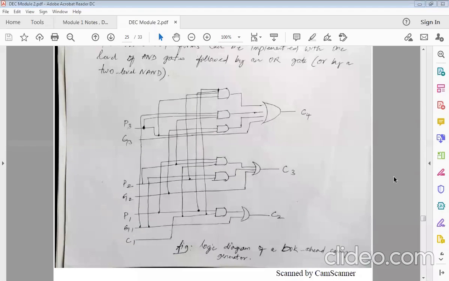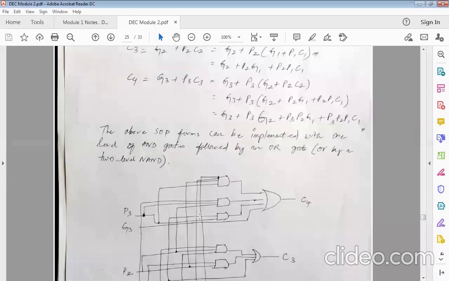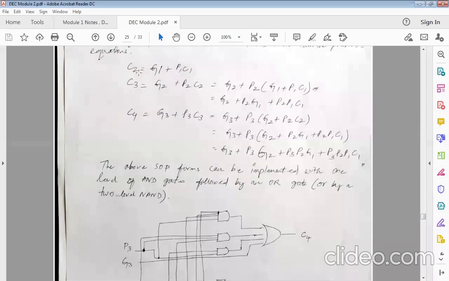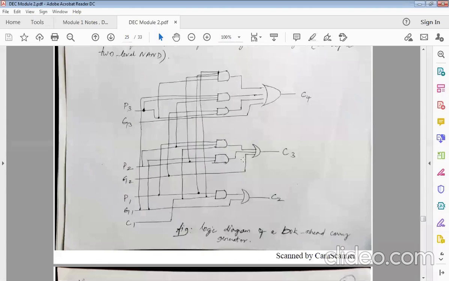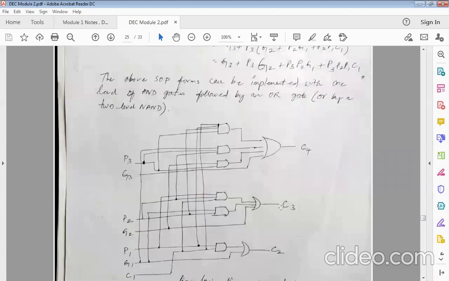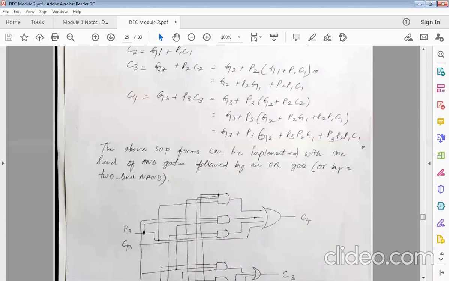Okay, thank you. So how do we get this circuit? Just from these equations. Let's take C2, G1 plus P1 into C1. So I need an AND gate and an OR gate to get this executed. So I have P1, G1, C1, then an AND gate, an OR gate, and C2 comes in. Similarly, C3 is equal to G2 plus P2 into C2.